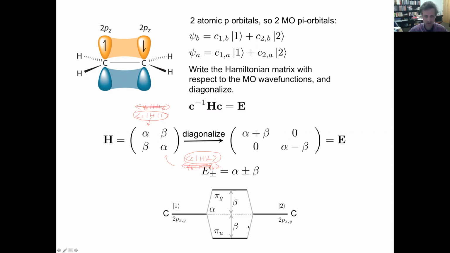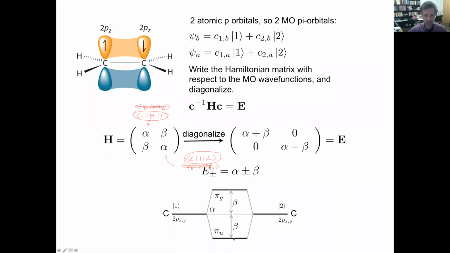And that results, for instance, in now a purely symmetric molecular orbital diagram where the bonding orbital is split by beta down and the anti-bonding is split by beta up by exactly the same amount. You see that? So this is not an asymmetric molecular orbital, but a purely symmetric molecular orbital in terms of the energies of the bonding and anti-bonding orbital. Okay, this is slightly different from what we talked about before with the variation principle, where we found that the anti-bonding orbital was split more up than the bonding orbital was split down.